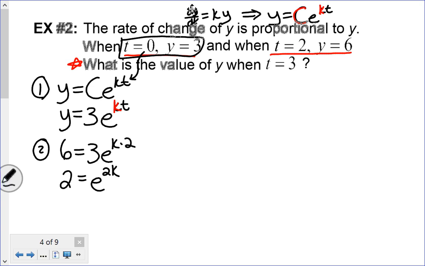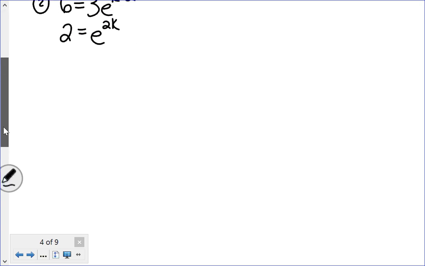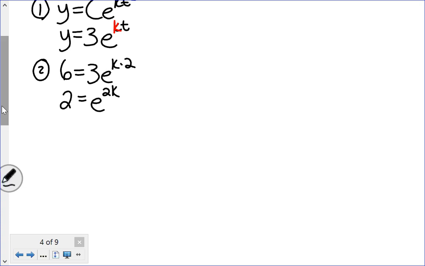And then I want to solve this. It's the same kind of thing that we just did with the properties of logs, only we're going to go the other direction. If we have e to the something is 2, that is exactly the same statement as ln of 2 equals 2k.